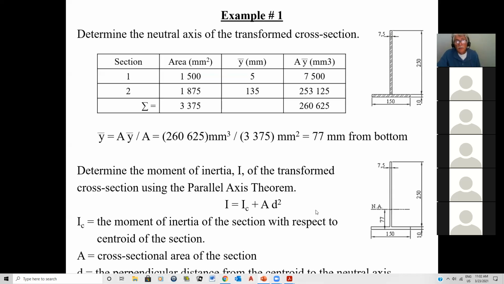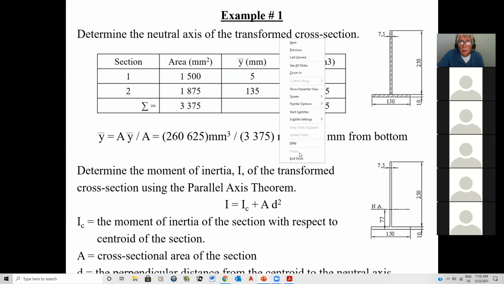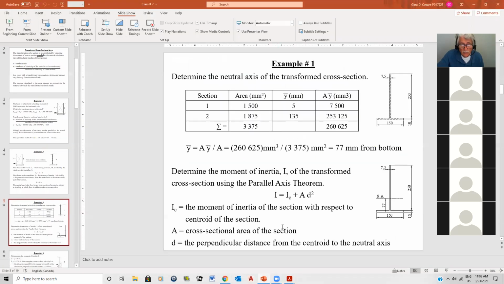Can you guys see the bottom of the slide on your screen? No. I can't see it either. Oops. Okay, can you see it now? D is the distance from the centroid to the neutral axis, okay?